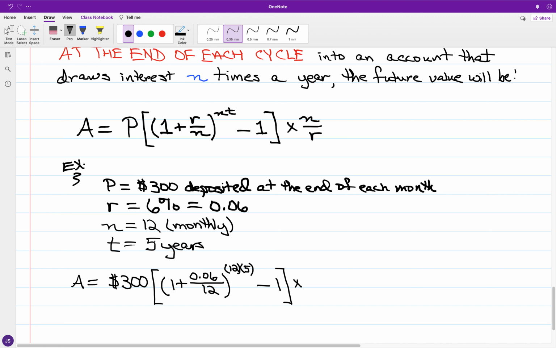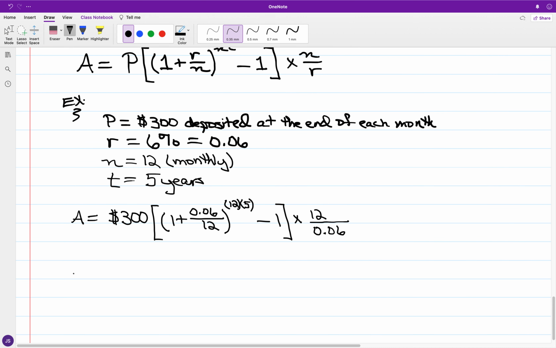We have times N over R, so N is 12. And R again, we're going to have 0.06. So about $300. Okay, now for what we have within the grouping symbols.